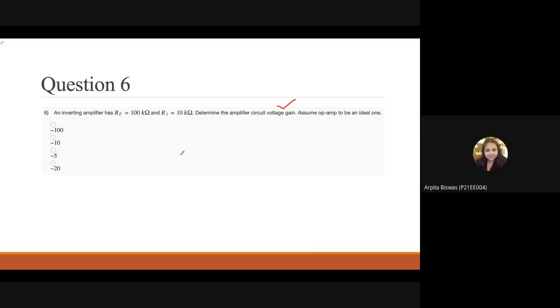Anyone else? Manoj? Jen? How to find out? For inverting amplifier, you have to find out the voltage gain. And also assume the op-amp to be an ideal one.